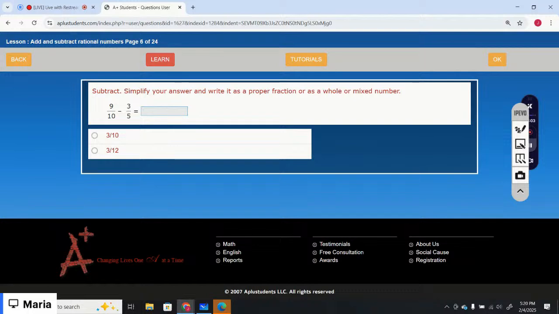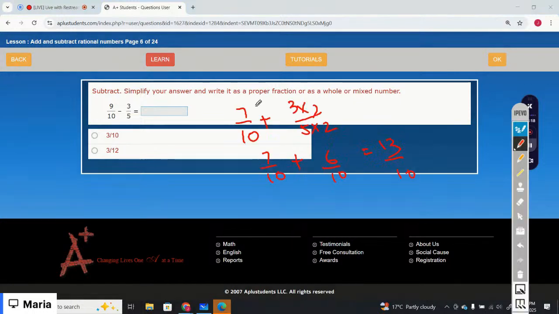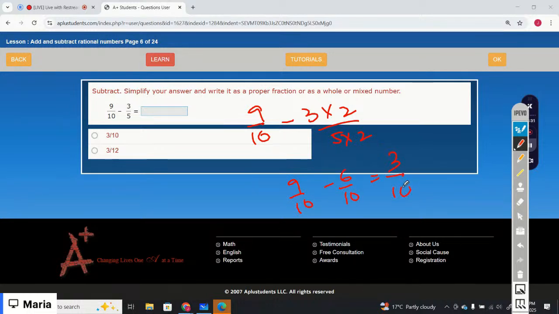9 by 10 minus 3 by 5. So that is 9 by 10 minus, you have to make the denominator the same first. 3 times 2 divided by 5 times 2. 9 by 10 minus 6 over 10. So 9 minus 6 is 3.